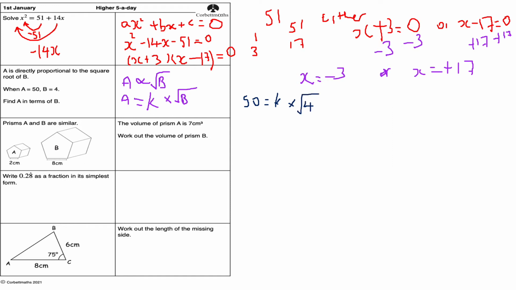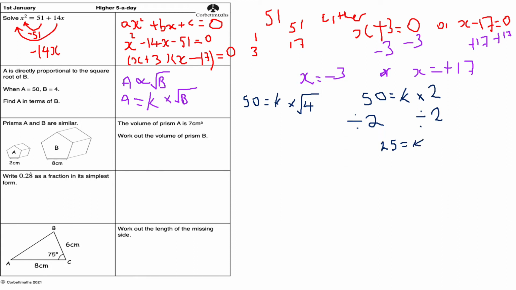The square root of 4 we know is 2, so 50 is equal to k times 2. Okay. So dividing both sides by 2 means that k is equal to 50 divided by 2, which is 25. So k is equal to 25.